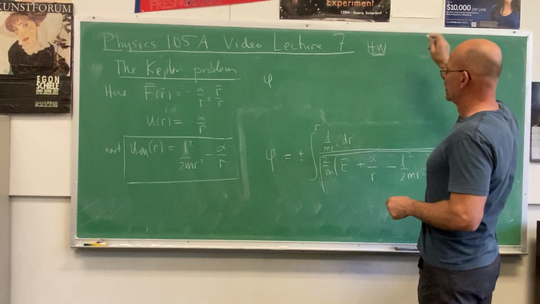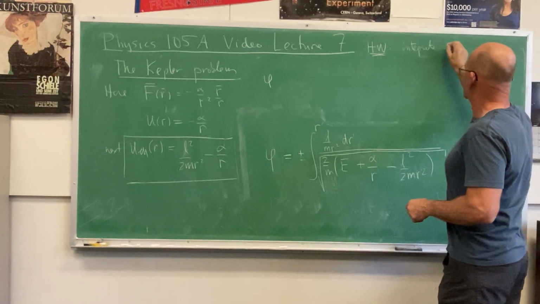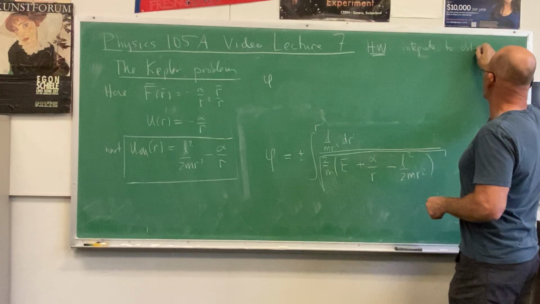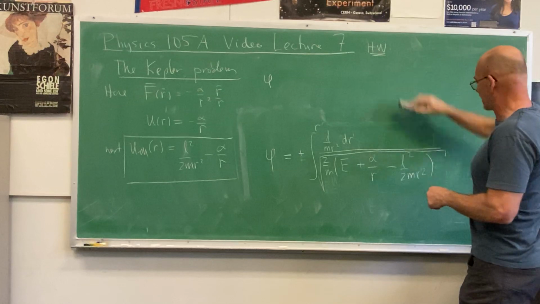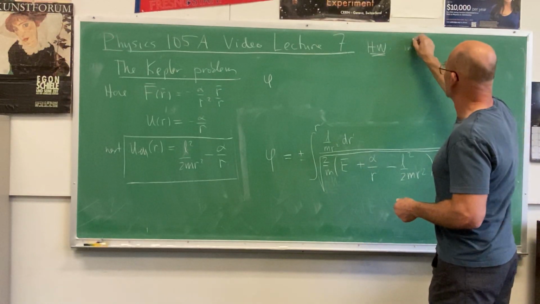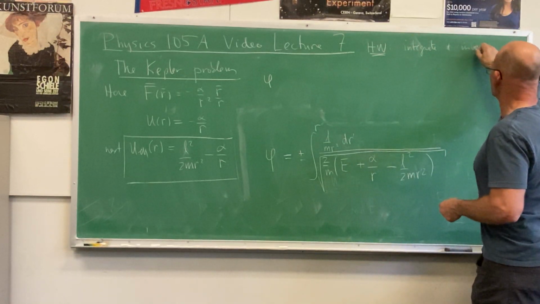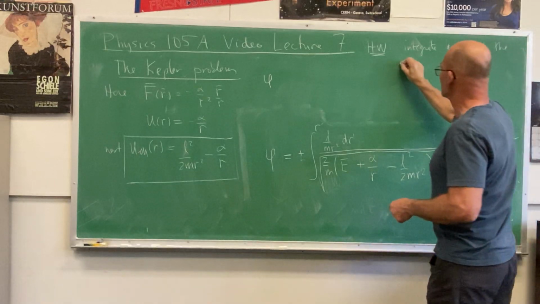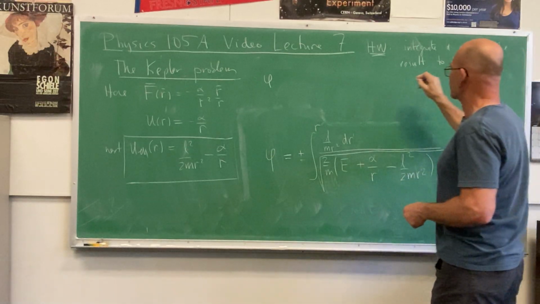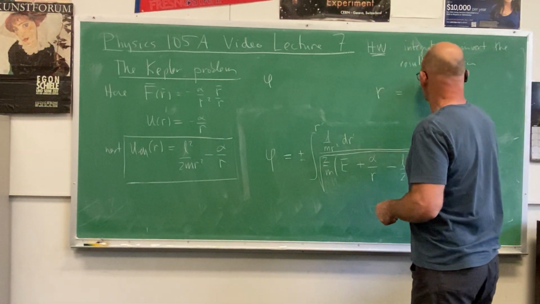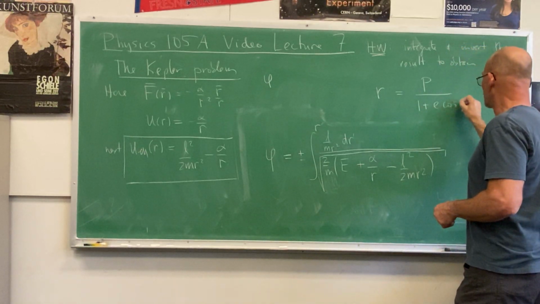Homework: integrate and invert the result to obtain R equals P over 1 plus E cosine phi.